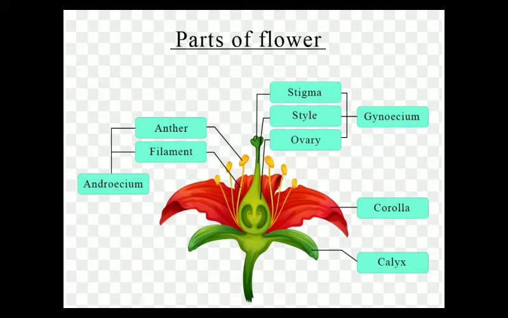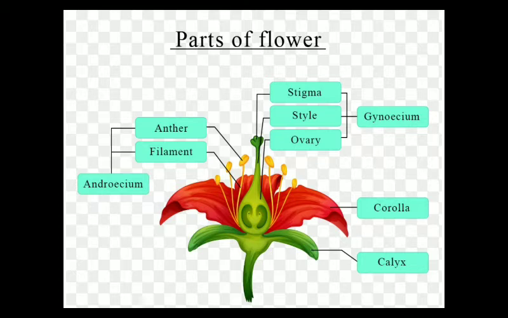So how does the formation of flower take place? First, the shoot apical meristem transforms into floral meristem, and second, internode elongation does not take place. These nodes get condensed, and from one node sepals arise, from the next node petals arise, from the next androecium, and finally gynoecium arises.